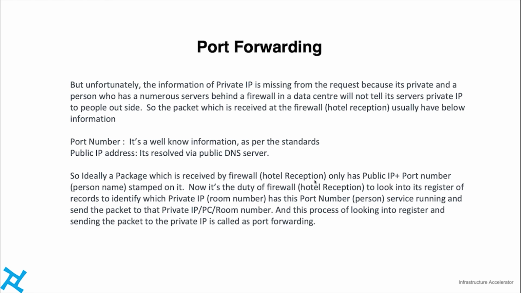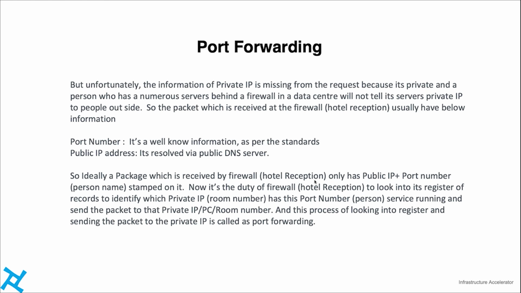This is the external IP address of your network, which is again a well-known thing. So ideally, a package which is received by the firewall or the hotel reception only has the public IP and the port number. That is the person name stamped on it. So on a hotel reception, a package will be received with the hotel address and the name of the person to whom the packet is to be delivered. There is no room number.